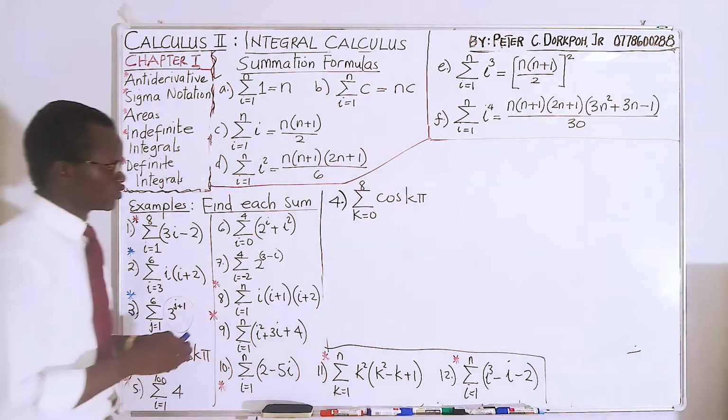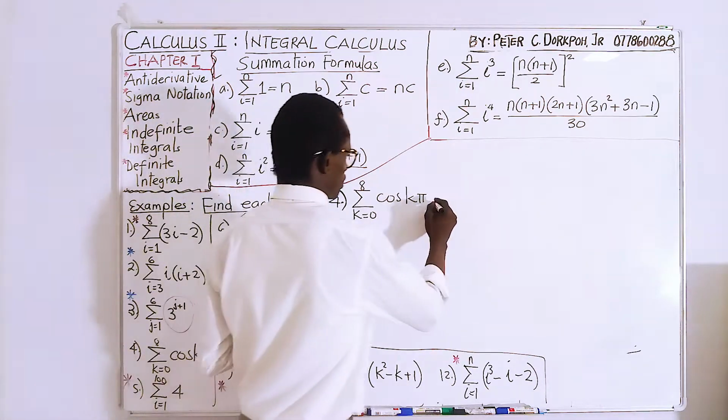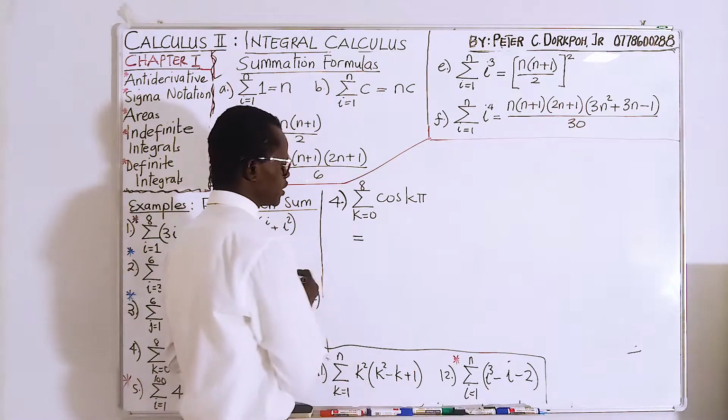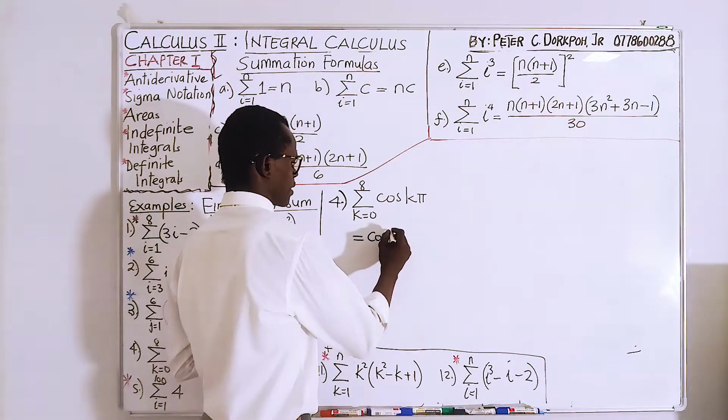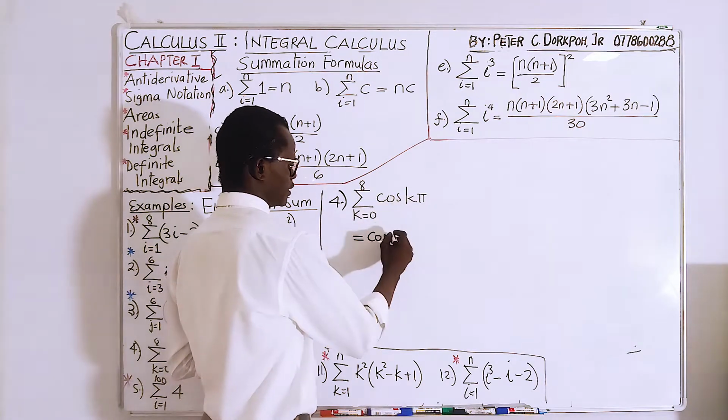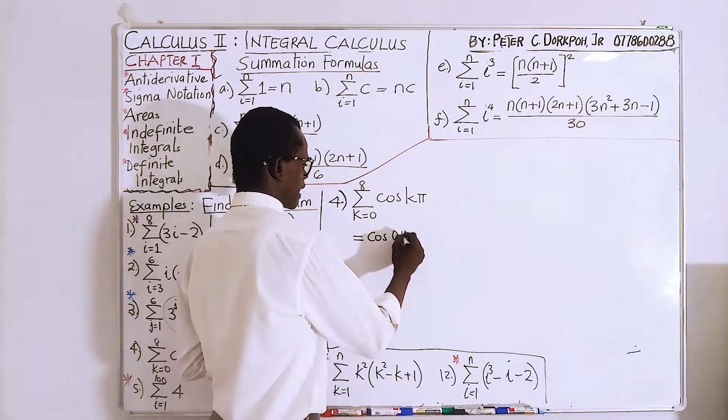So let's do this one, question 4. We have this now to be equal to cos of kπ, where k now begins from 0, 0π.